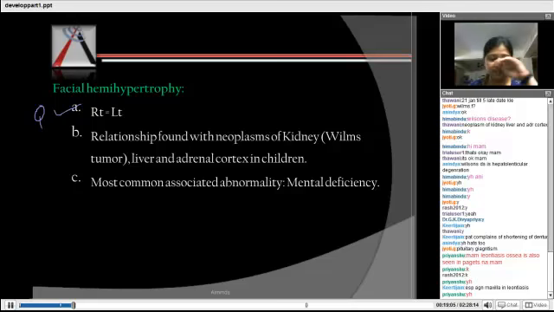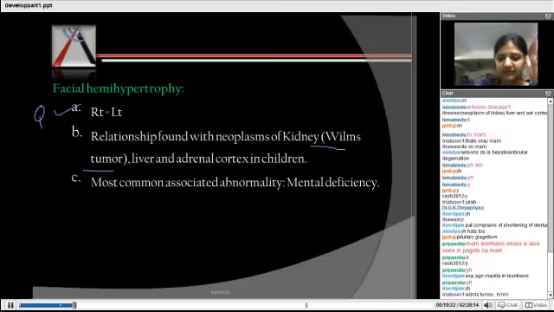Hemihypertrophy has been found to be associated with a neoplasm of the kidney, which we call a Wilms tumor. We will be reading more about it probably in surgery or medicine. It has an association with neoplasm of the kidney, which is Wilms tumor, and also liver and adrenal cortex in children.